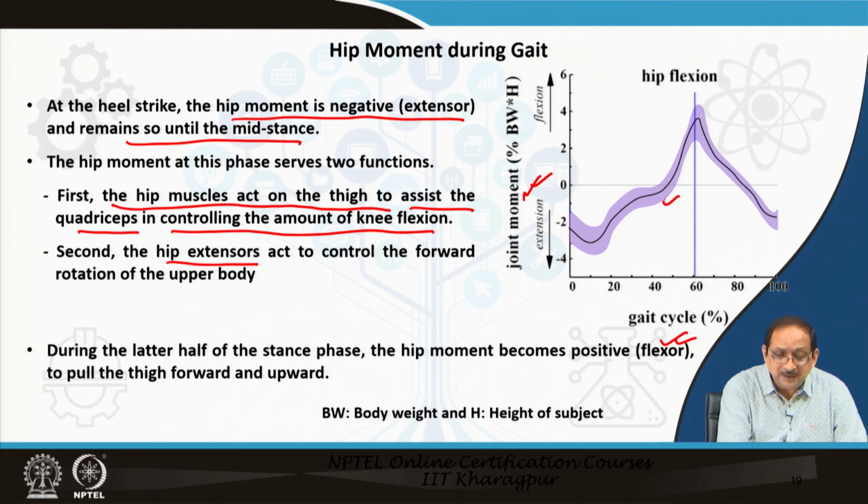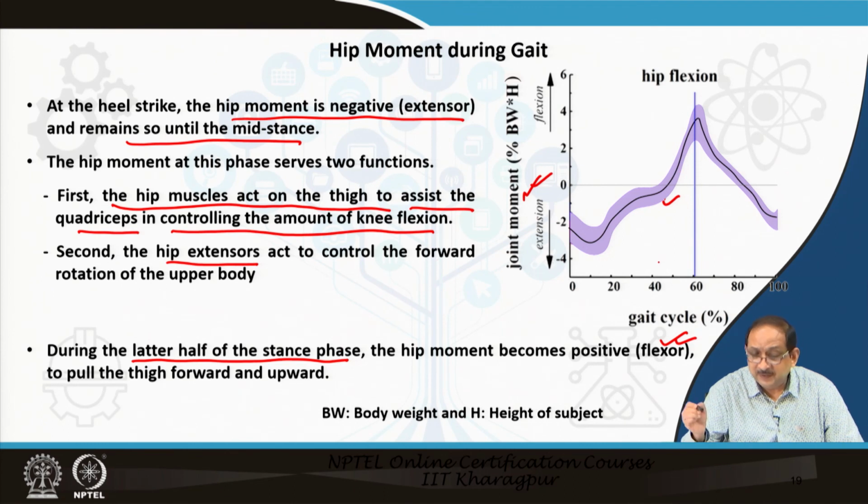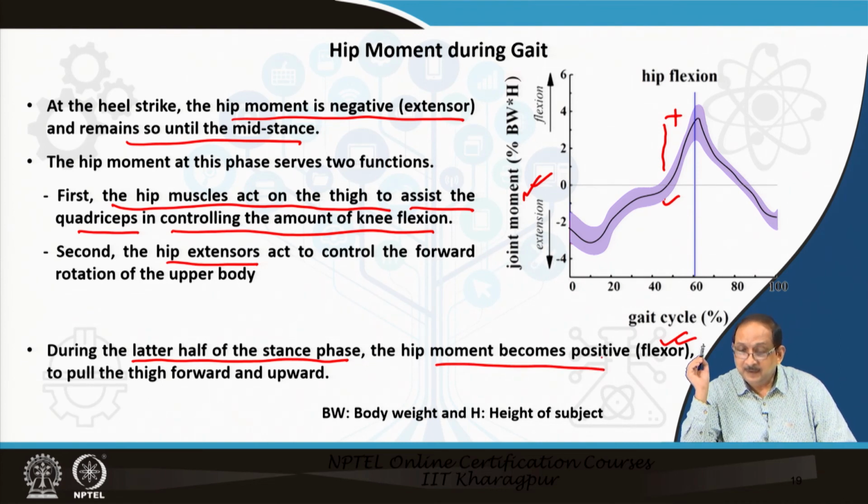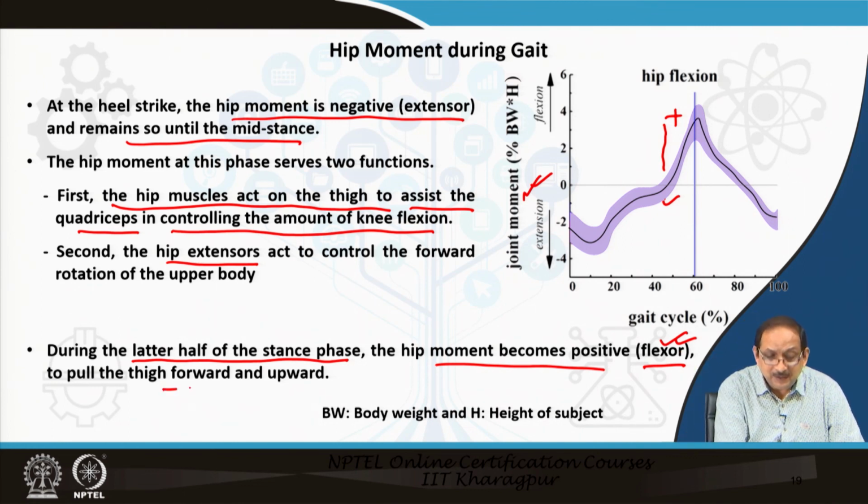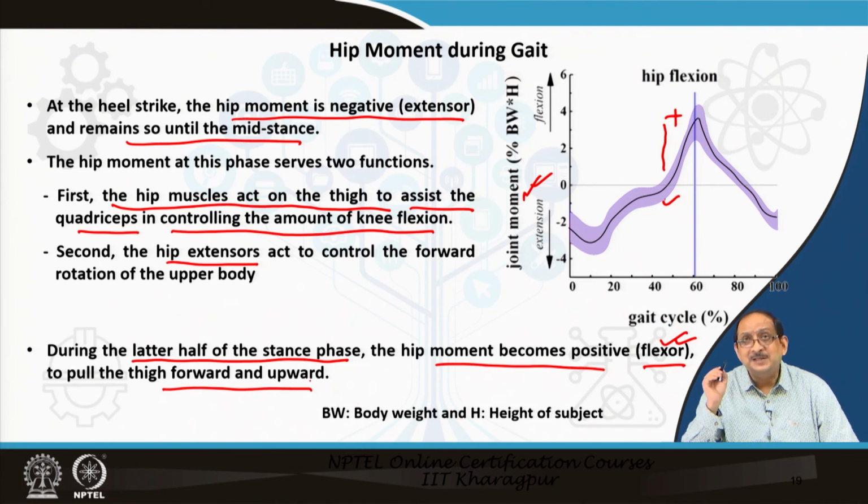During the later half of the stance phase, as you can see here, the hip moment becomes positive due to the activity of the flexors to pull the thigh forward and upwards.